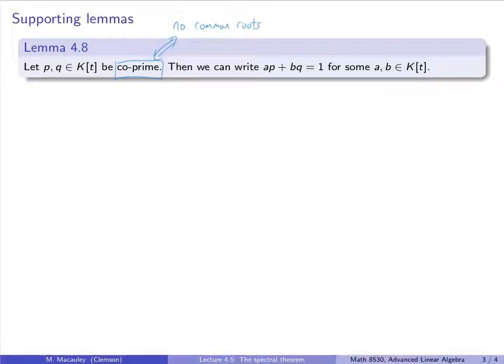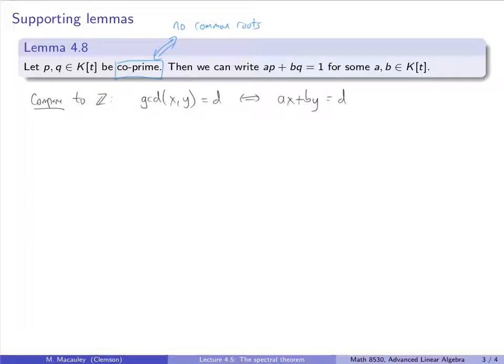Then I claim that we can write AP plus BQ to get 1 for some polynomials A and B. And let's compare this to the integers, where a basic fact from number theory, or likely just your intro to proofs class, says that if the GCD of, say, x and y is some, let's call it d, then we can write ax plus by equals d.